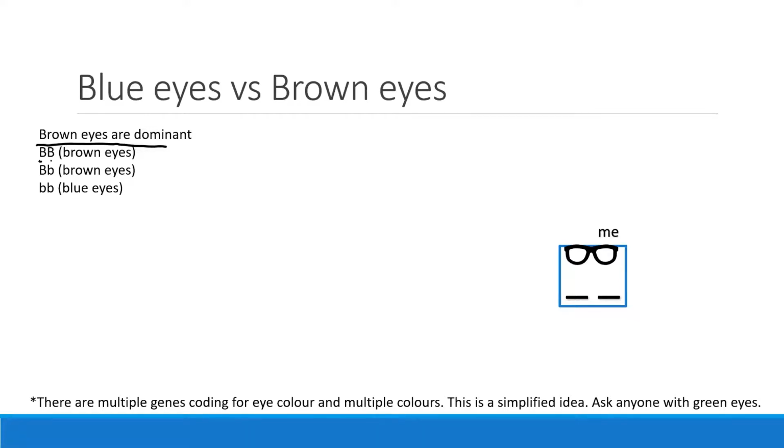If I have an uppercase B and an uppercase B, two dominant brown genes, then I'm going to have brown eyes. If I have a dominant B and a lowercase b, the dominant brown gene is going to win. I'm going to have brown eyes.